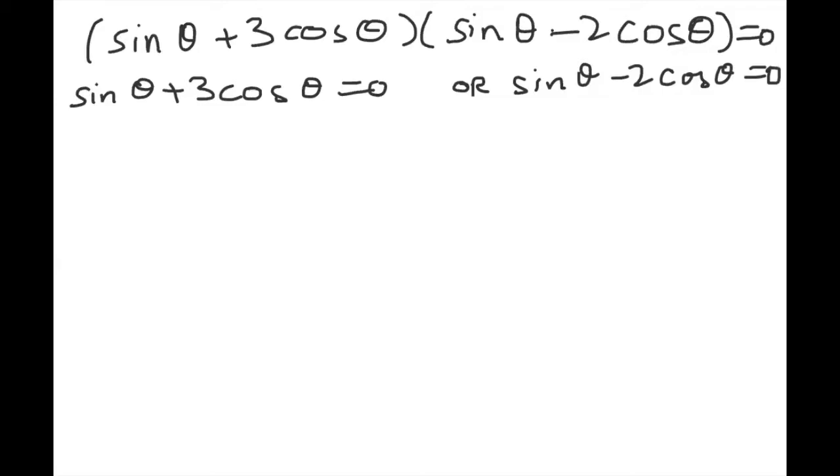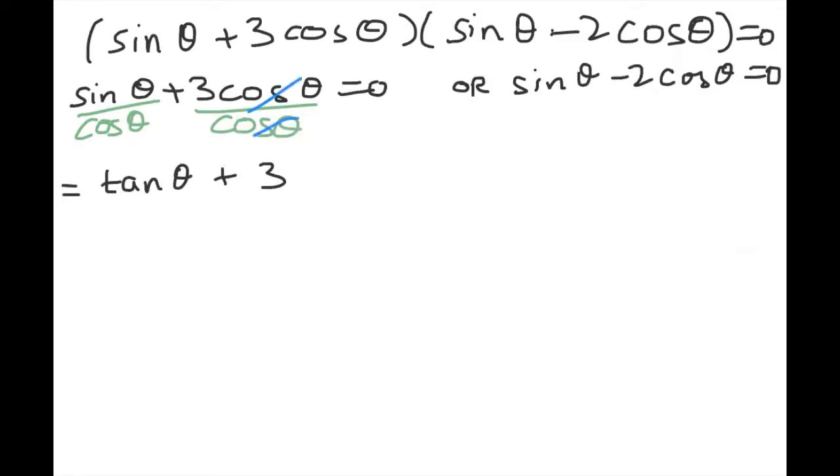This is very similar to one of the first ones we did. I'm going to divide each one now by cos theta, just to get rid of the sine. Dividing this by cos theta gives tan theta plus 3, because the cos's cancel out, equal to 0.